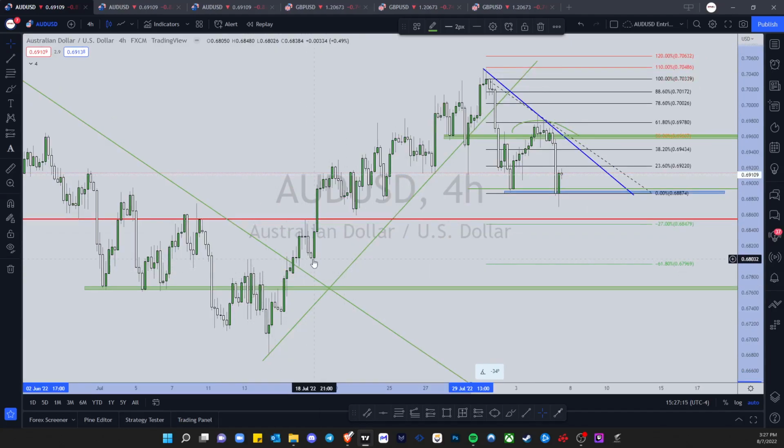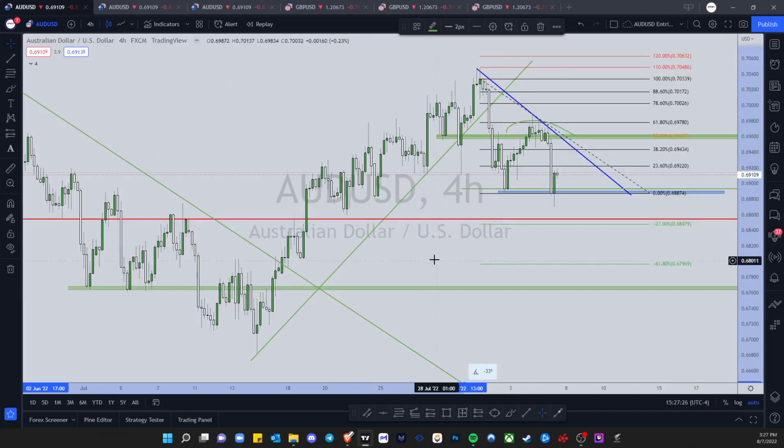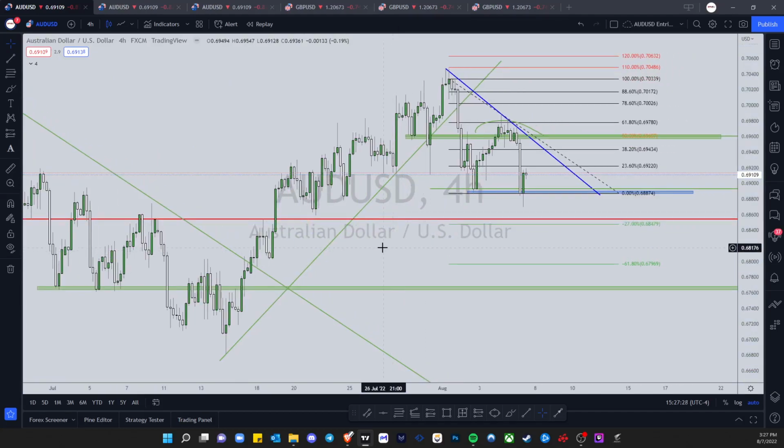Yes, this is a retest right here, but we wanted to at least touch that same area before it goes bullish again, right? So this is the next thing we are waiting for. If it doesn't happen, then it doesn't happen. But if it does happen, we're gonna take the opportunity and run with it.